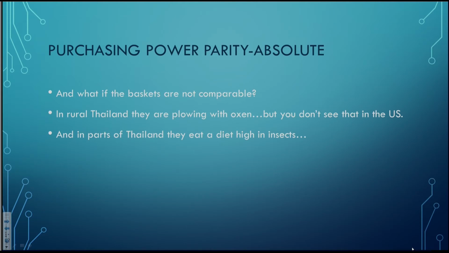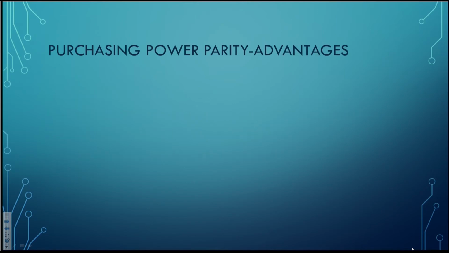So bamboo worms, they eat locusts, they eat crickets. Now, how do we compare that food bundle to the United States? Certainly not too many people here are interested in those products. So an analysis needs to factor in that the bundles are different.